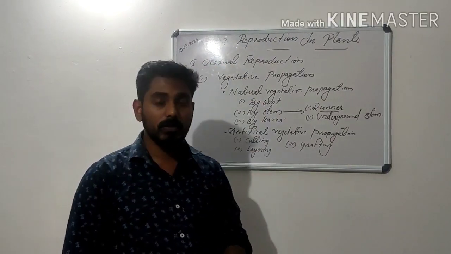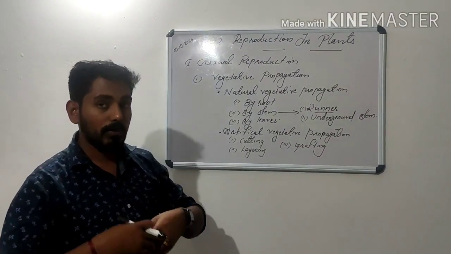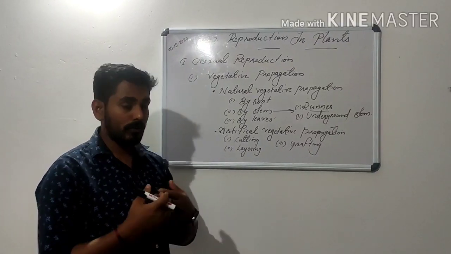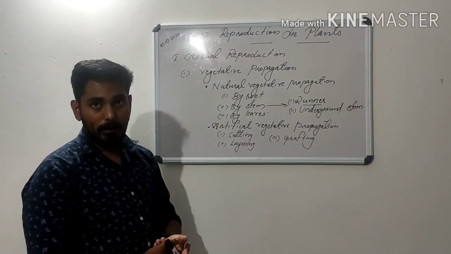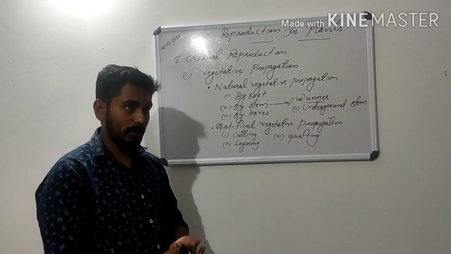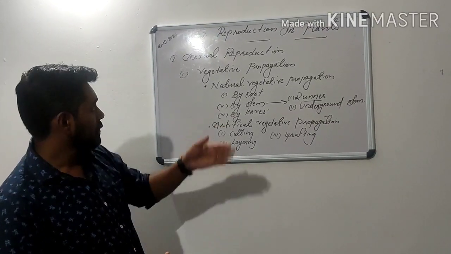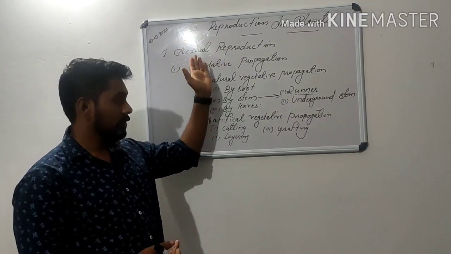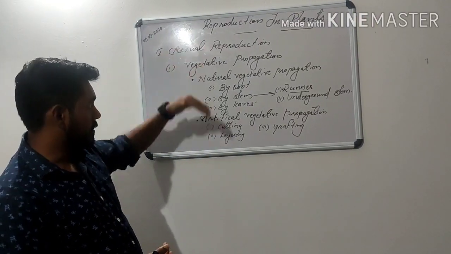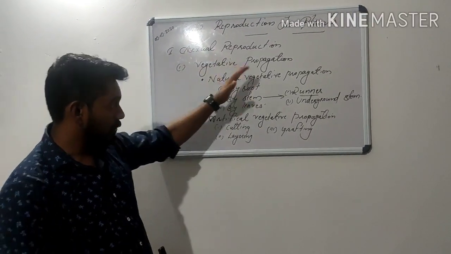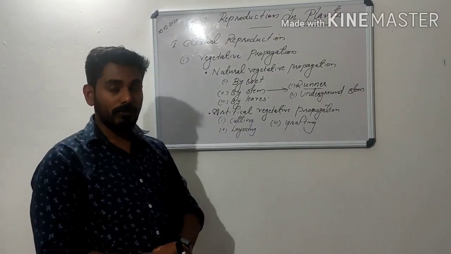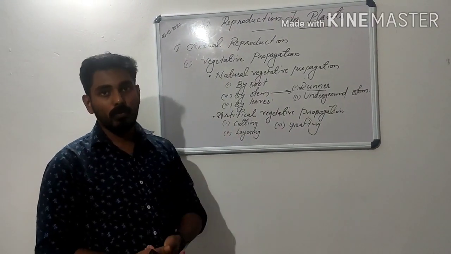Asexual reproduction means a reproduction that produces a new individual from a part of a plant without seed. There are different types of asexual reproduction: vegetative propagation, budding, fragmentation, and spore formation.